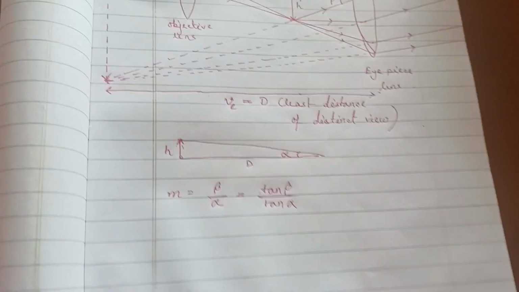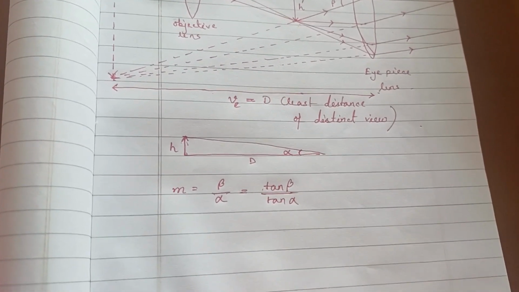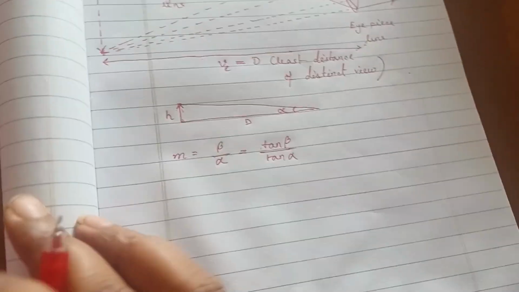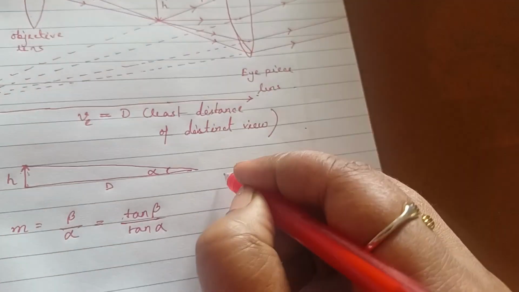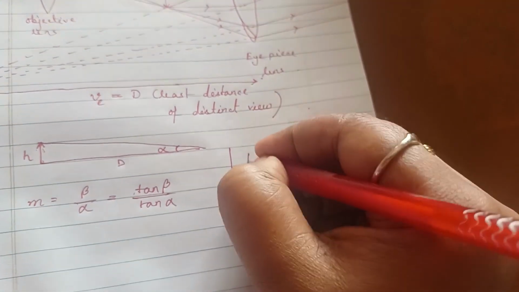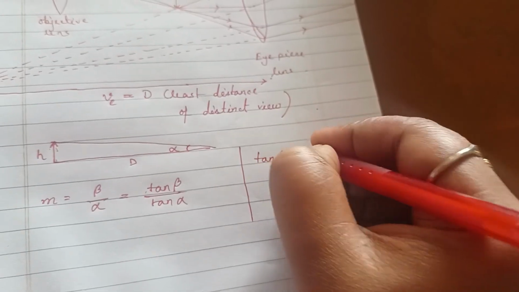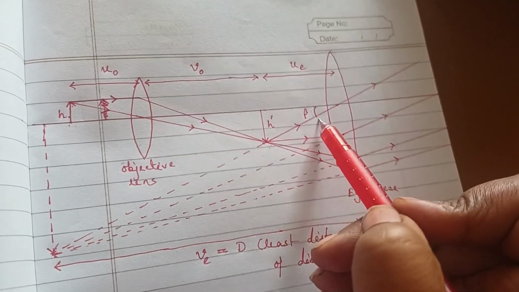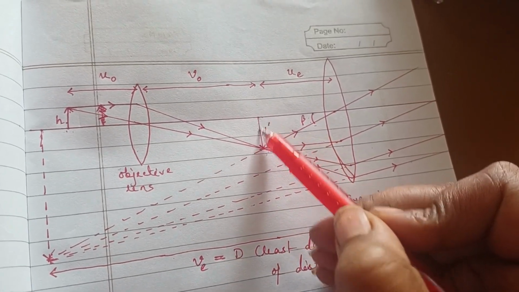Only for sine and tan we can take it if the angle is very small. So basically we have to find out tan beta and tan alpha separately. So first tan beta from the diagram. So here in the diagram, what is tan beta? This is beta. So here a triangle is being made, this triangle.